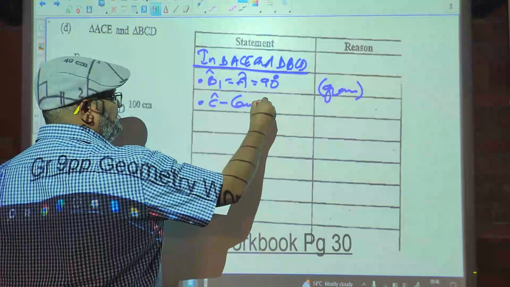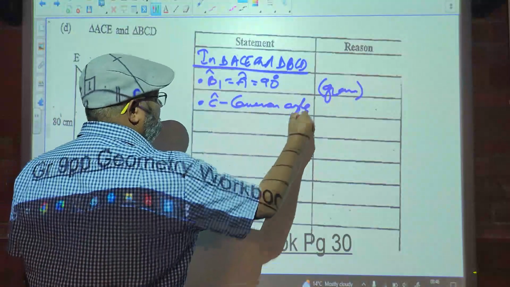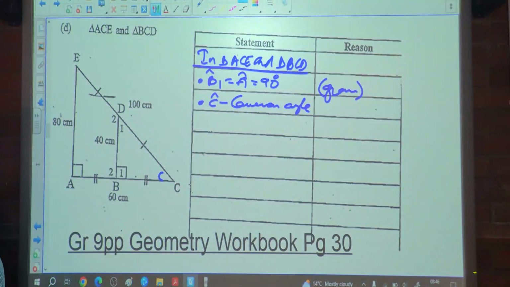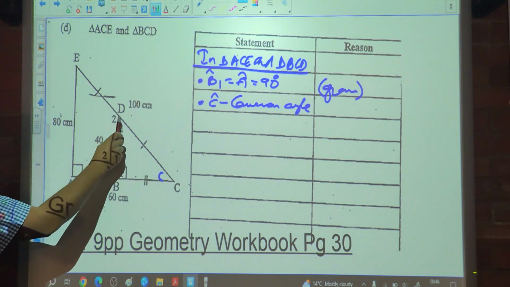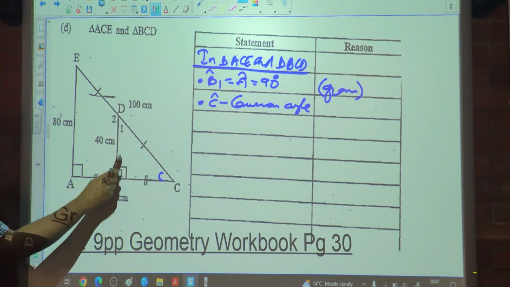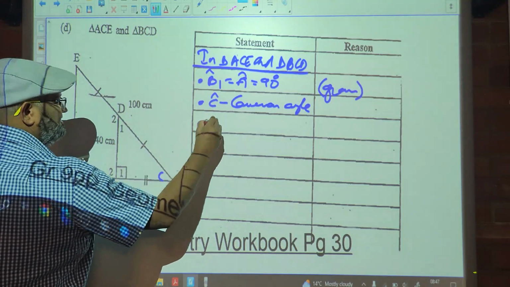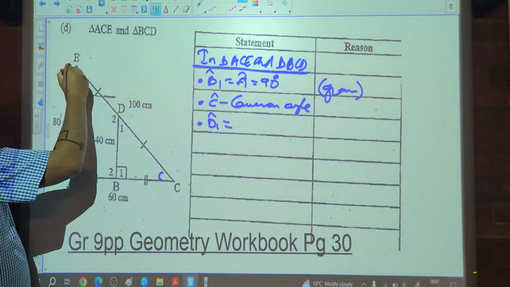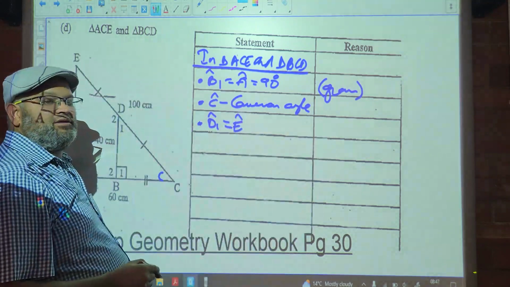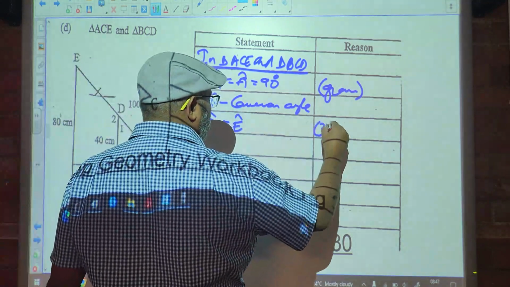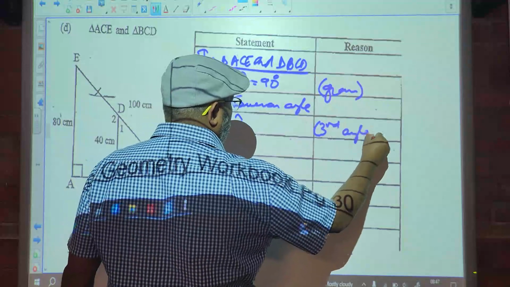Angle C is common angle. One more. What angle is short from this here that we haven't mentioned yet? E1 is equal to angle E. Why? Third angle inside.